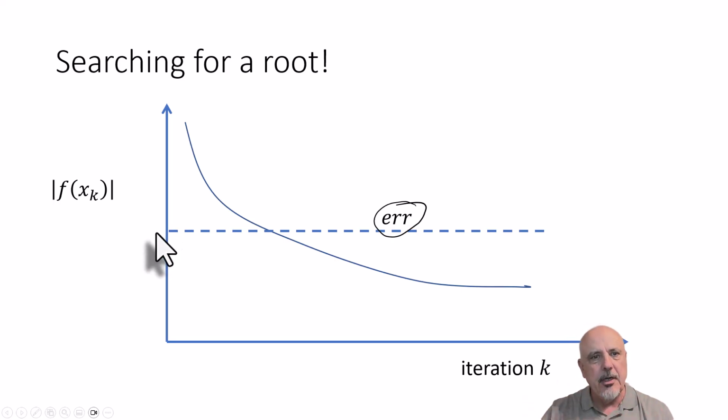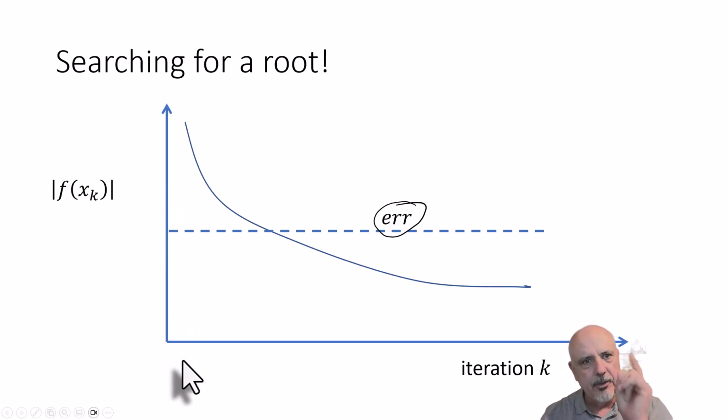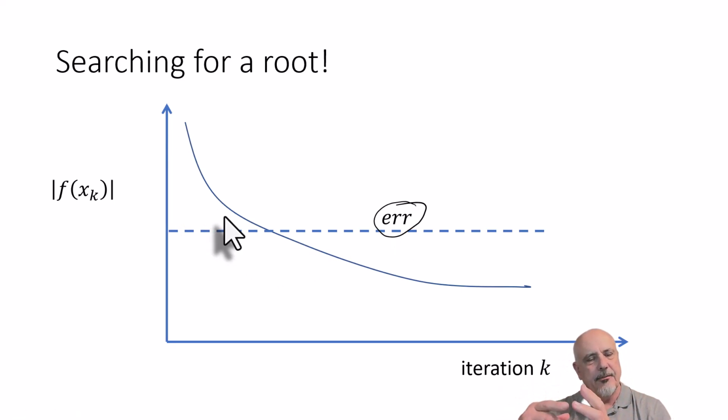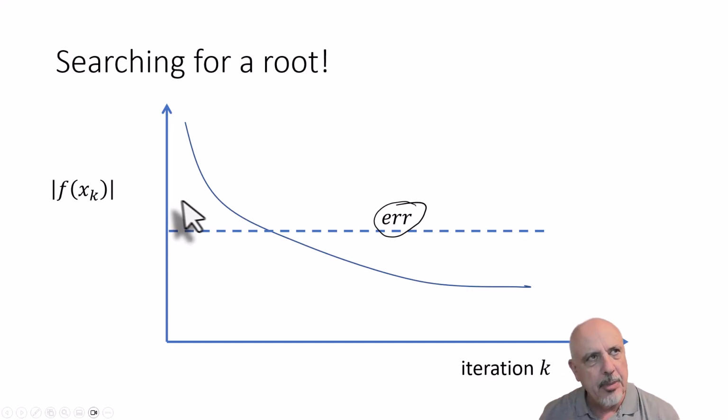So if we're searching for a root, we start off at the first iteration. This axis marks your iterations, how many iterations you're going to have. So in the first iteration, you're going to have a particular x, and your polynomial value is going to be really, really high, way above error, and then you're going to try to make a new guess of an x, and hopefully that new value of x is going to lower that polynomial value.